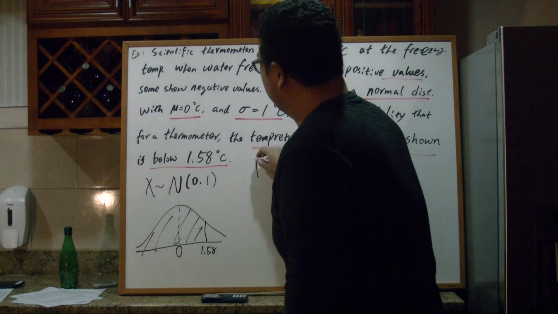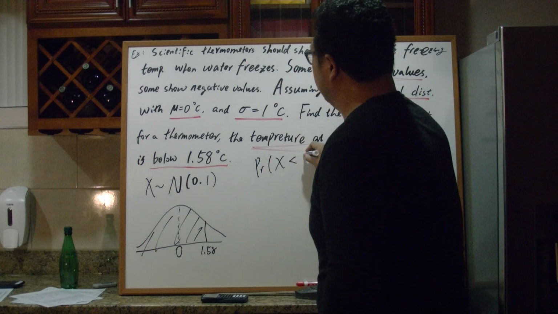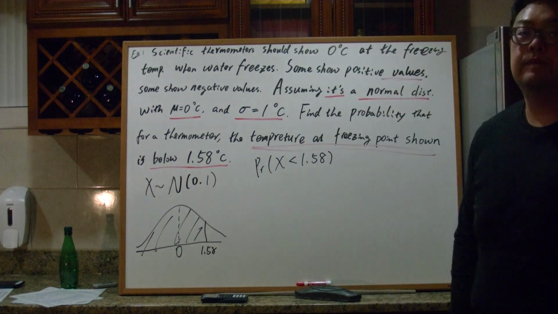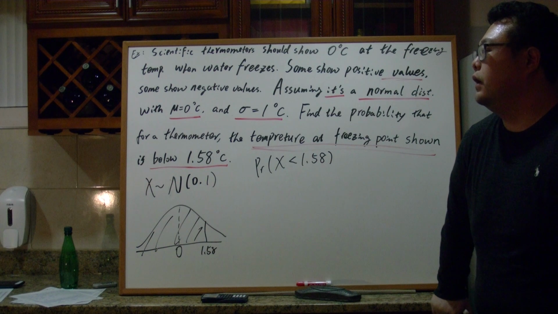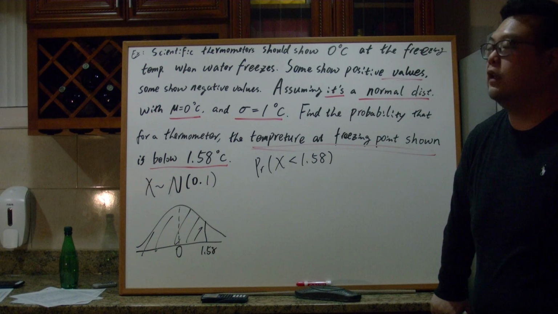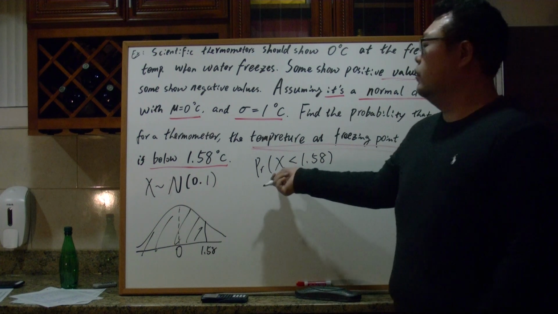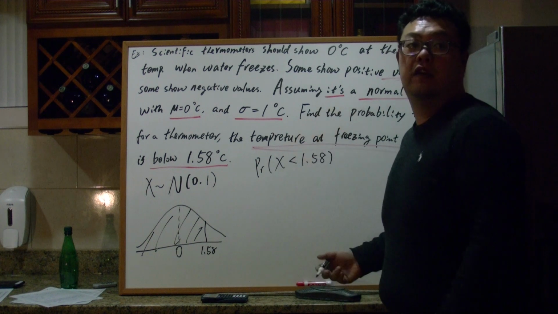So we need to find the probability of the random variable being less than 1.58. And we mentioned that not every normal distribution can be used with the table, only the standard normal distribution, which means we need to convert x into the z-score.